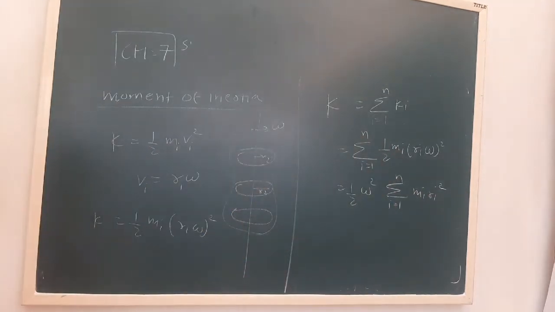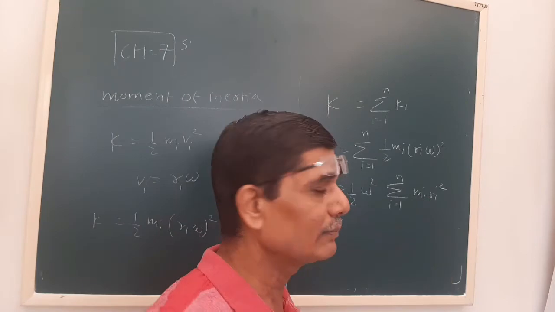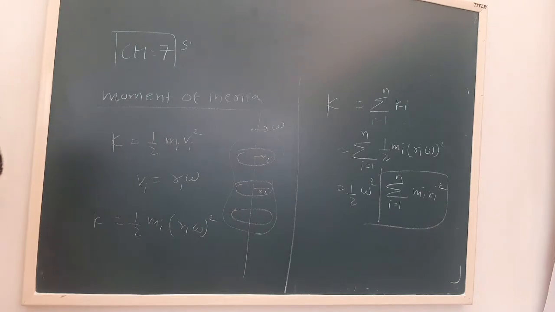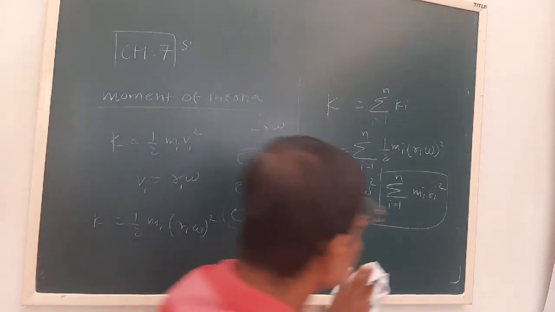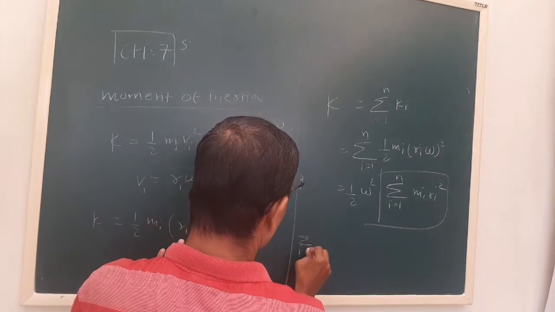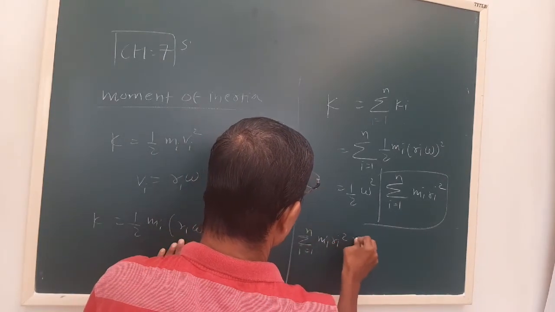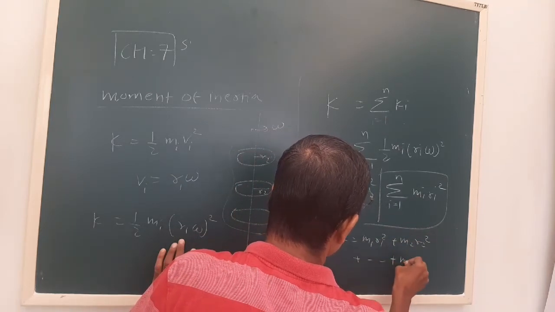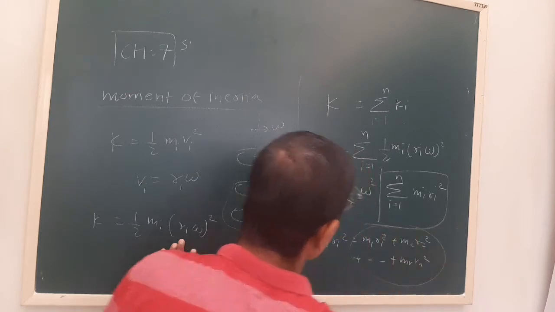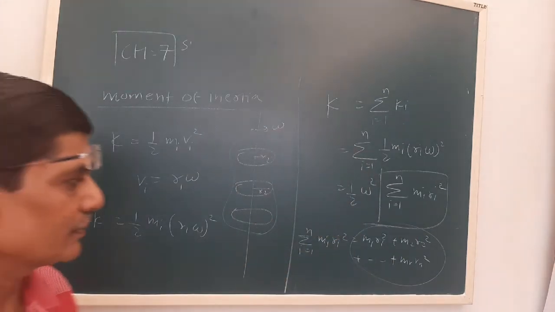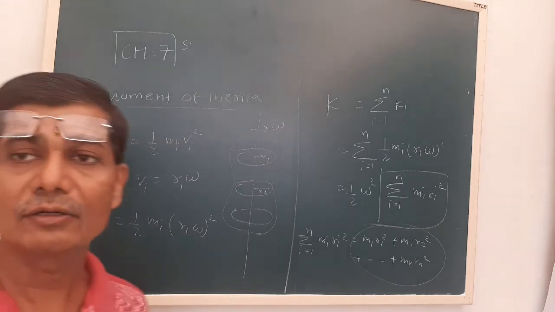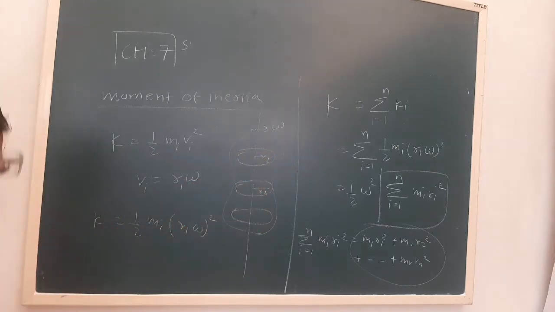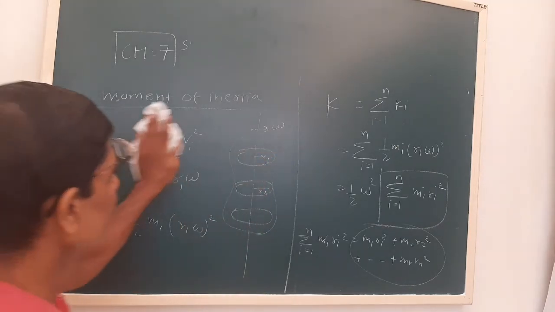So what remains is sigma m_i r_i square. For i equal to 1 we get m1 r1 square, for i equal to 2 we get m2 r2 square. So sigma i equal to 1 to n m_i r_i square is m1 r1 square plus m2 r2 square plus up to m_n r_n square.